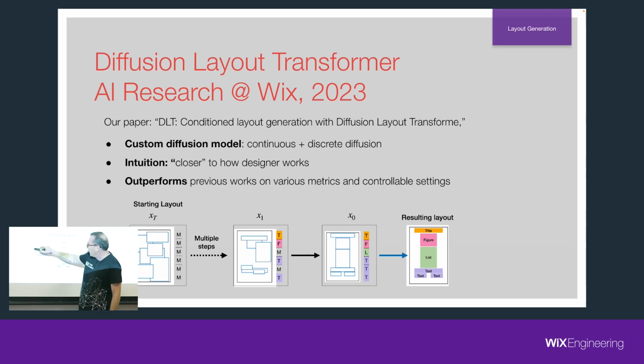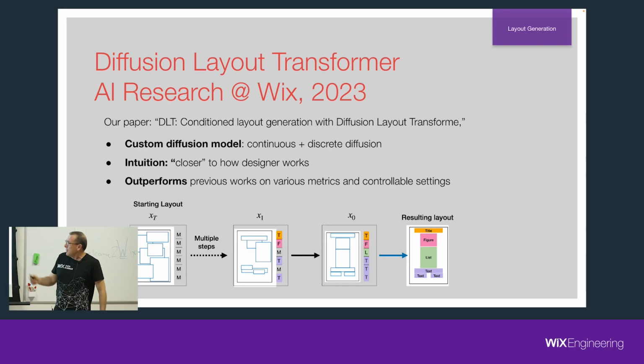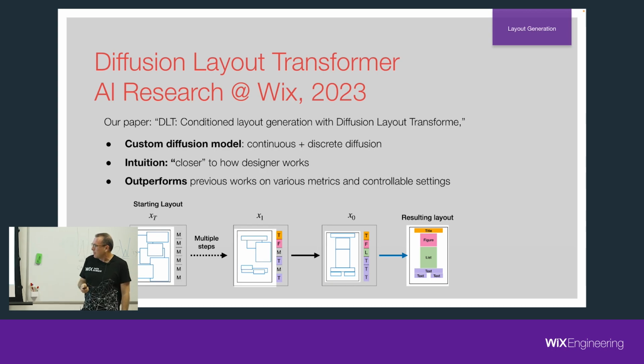Then at the end, we figure out, okay, this should be the title, the figure, the list, the text, and this is their position and sizing, and then you get this thing. So I hope that I convinced you that there are multiple ways to generate layouts, and it's still a research problem.